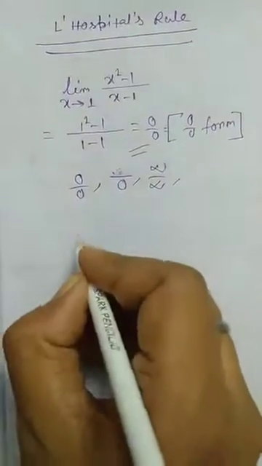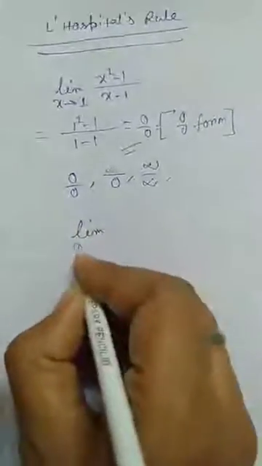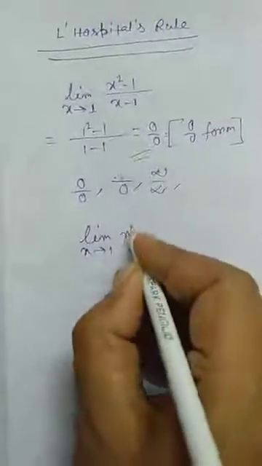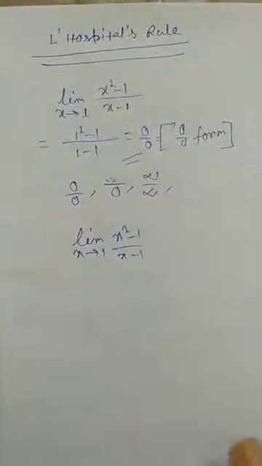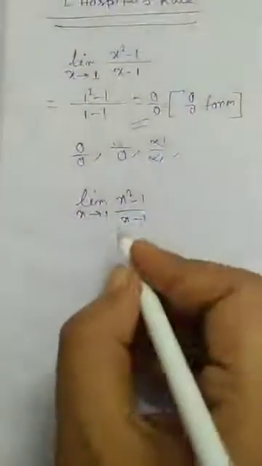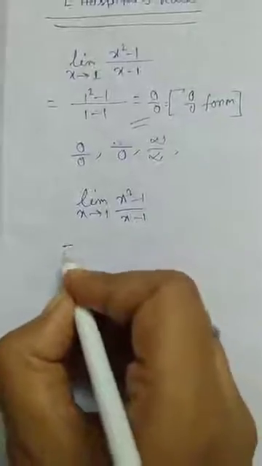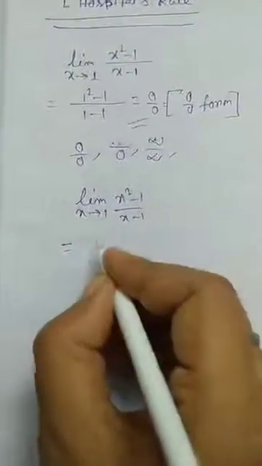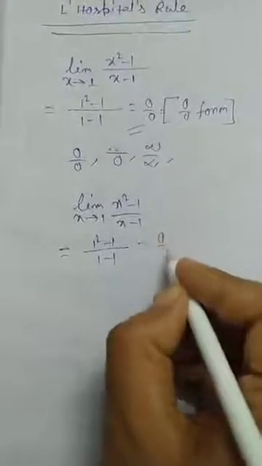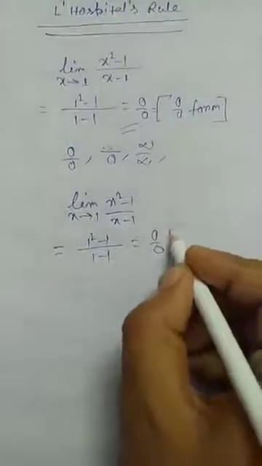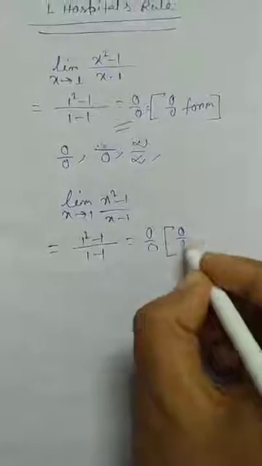When the problem is given as limit x tends to 1 (x^2 - 1)/(x - 1), first of all check the value: put x is equal to 1. So (1^2 - 1)/(1 - 1) is equal to 0 by 0, the 0 by 0 form.